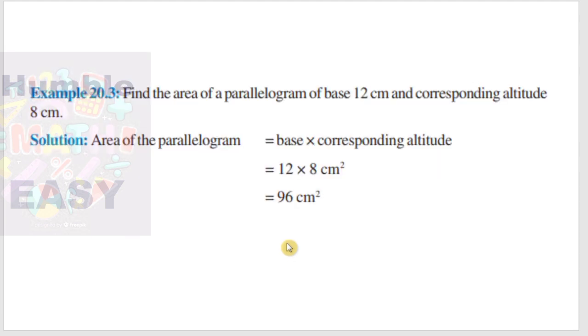For example, find the area of a parallelogram with base 12 centimeters and corresponding altitude 8 centimeters. The base is 12 and 8 is the altitude. So 12 times 8 is 96 square centimeters. The area of the parallelogram is 96 square centimeters.